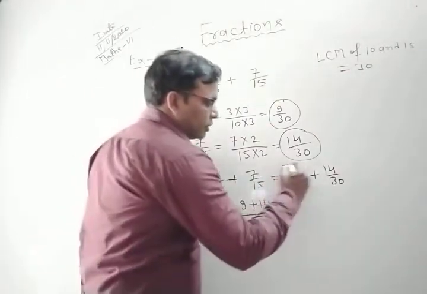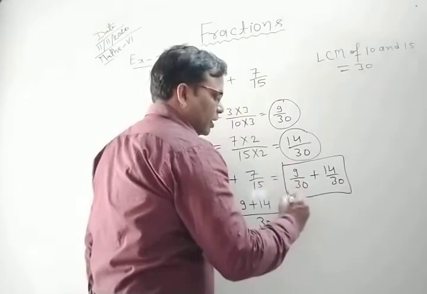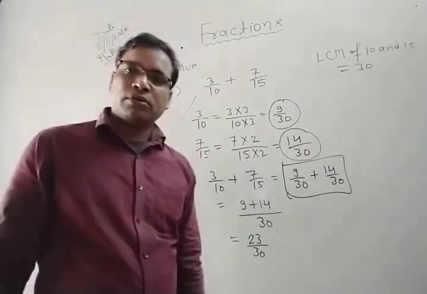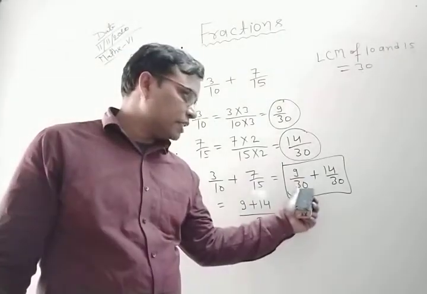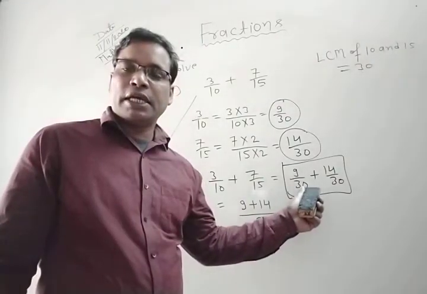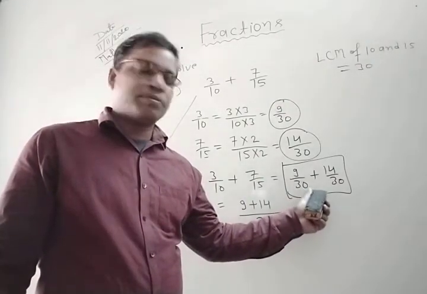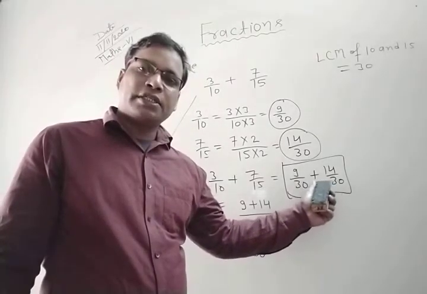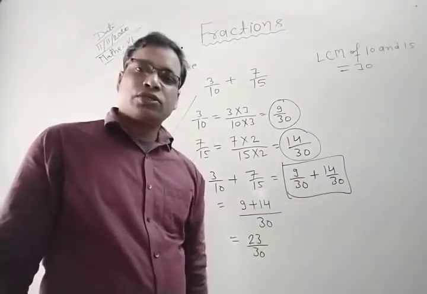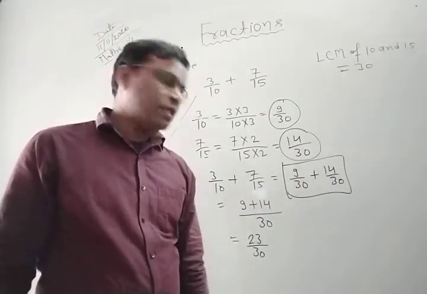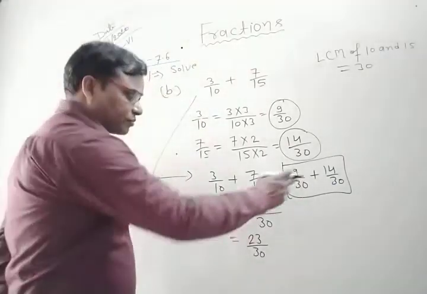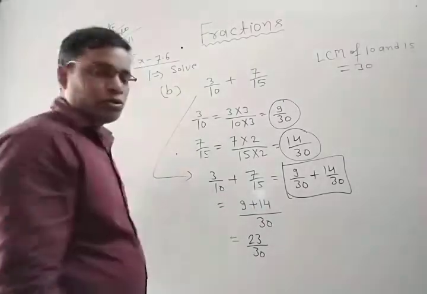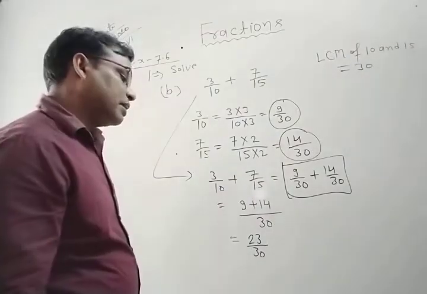Now you can see both fractions, 9 by 30 plus 14 by 30, are like fractions because their denominators are the same, 30. So addition is possible here. So we can write it as 9 plus 14 by 30. So 9 plus 14 is equal to 23 by 30.